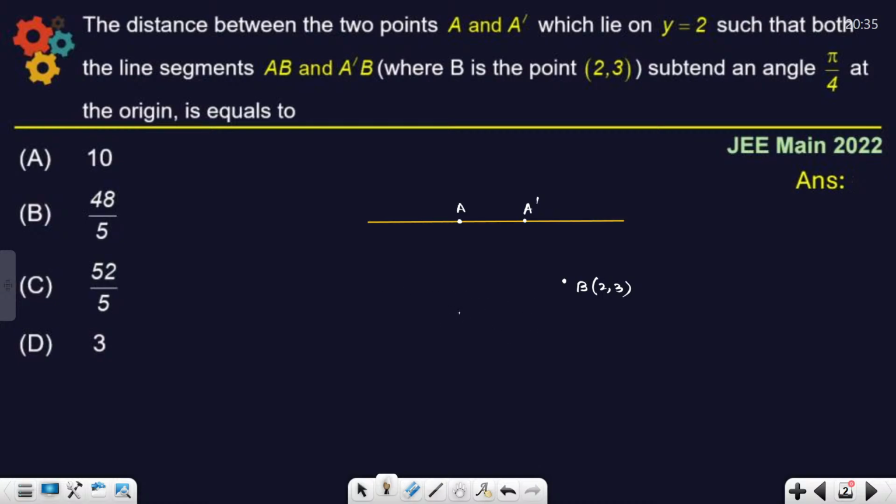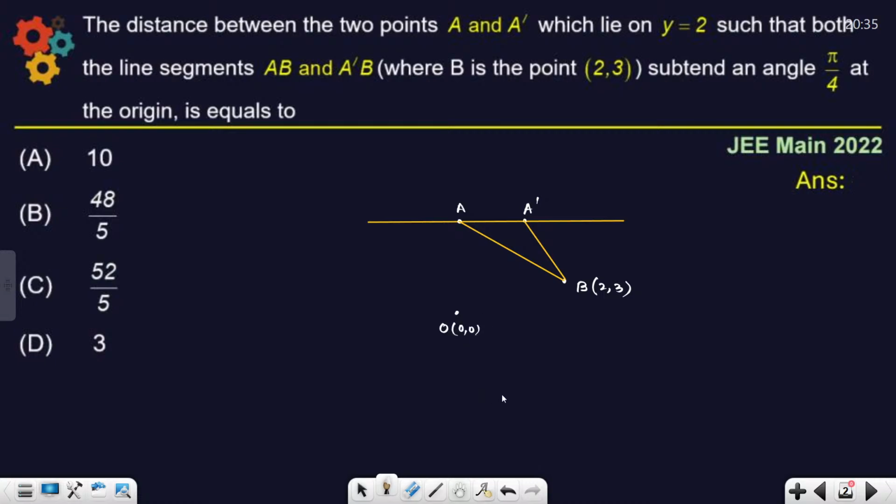Now, at the origin, these two line segments, one is AB and another is A dash B, are making an angle pi by 4 at the origin. This is my origin.